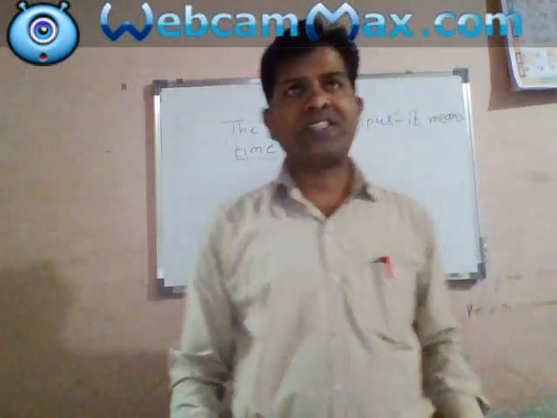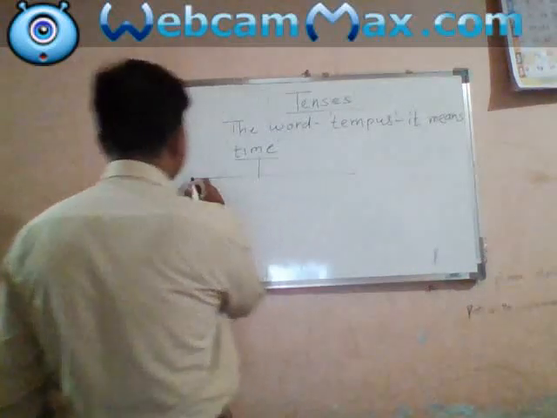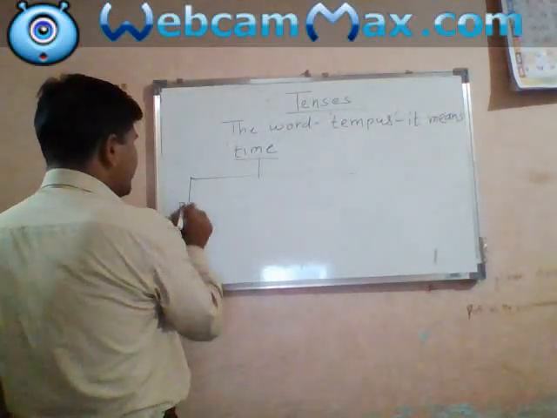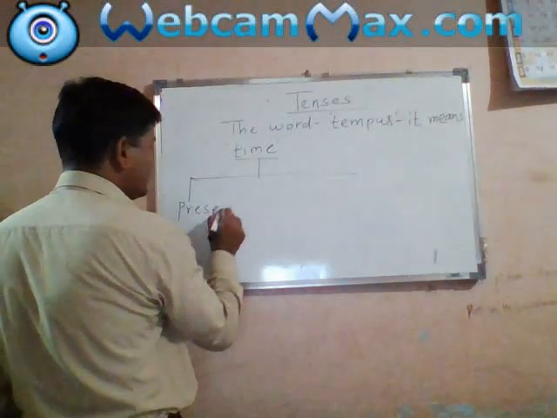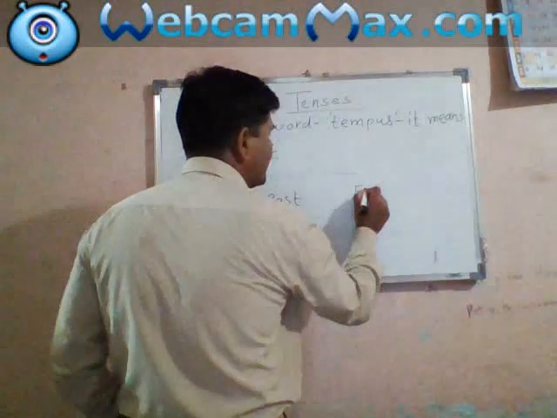Now, we classify time in three different ways. Those are present, past, and future.